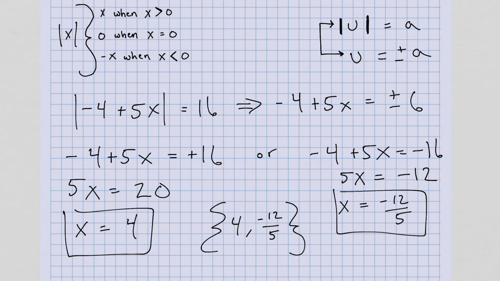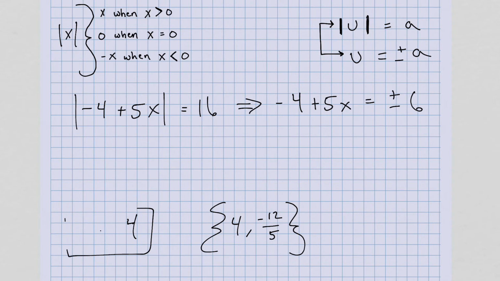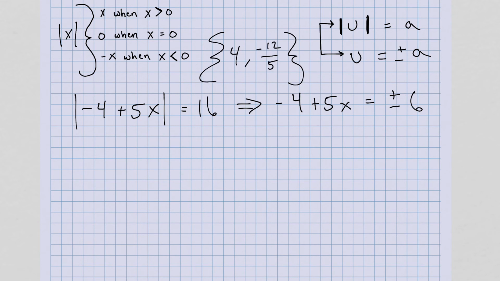Either one of these numbers, once plugged back into our original absolute value equation, will make it ring true. So let's go ahead and plug these back in and see if it's true. Let's plug in the number 4 for x.